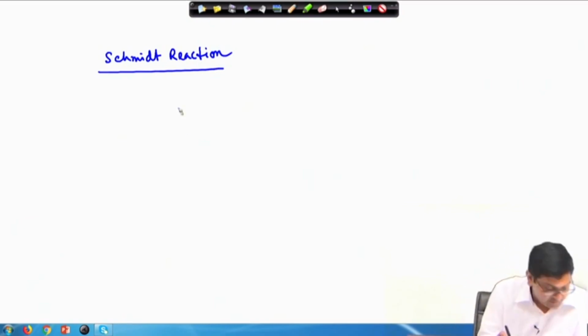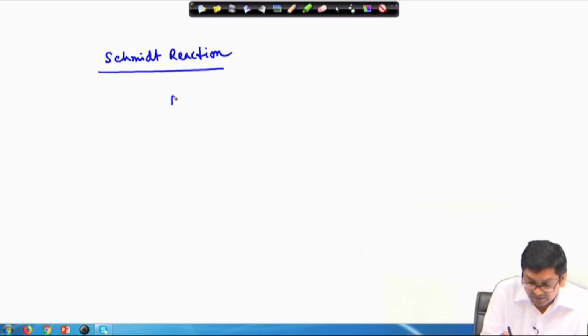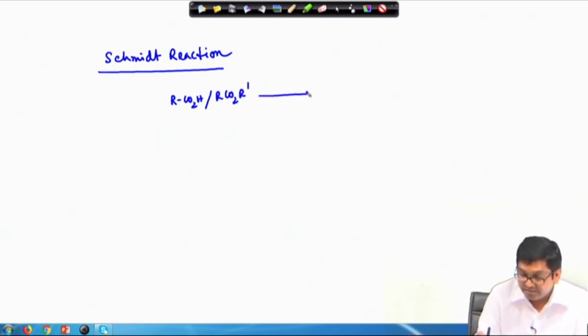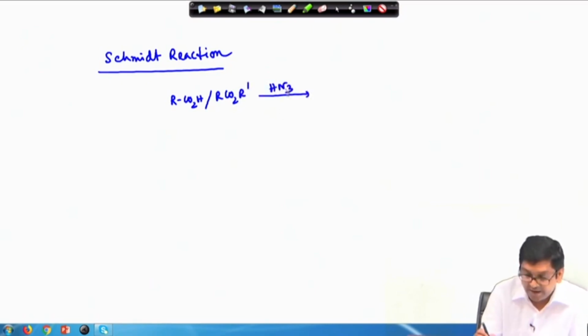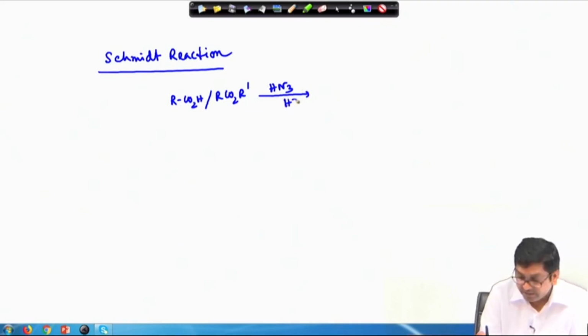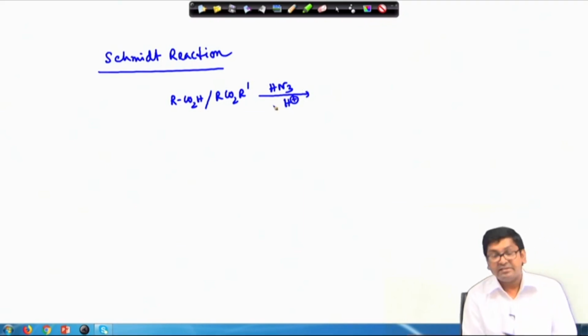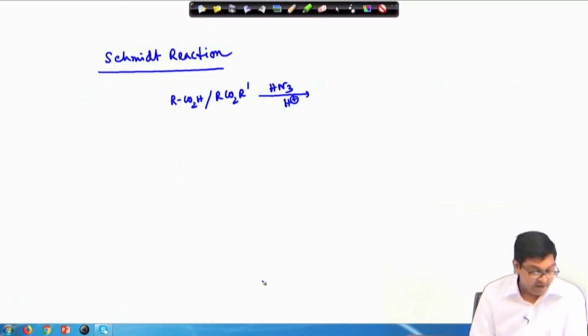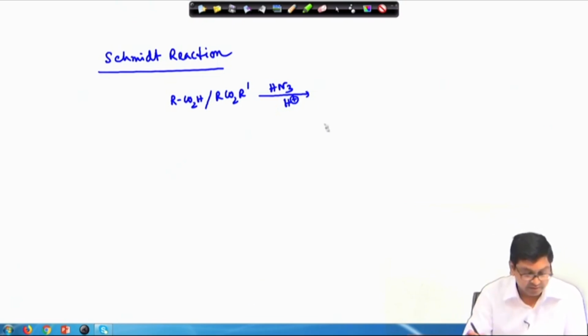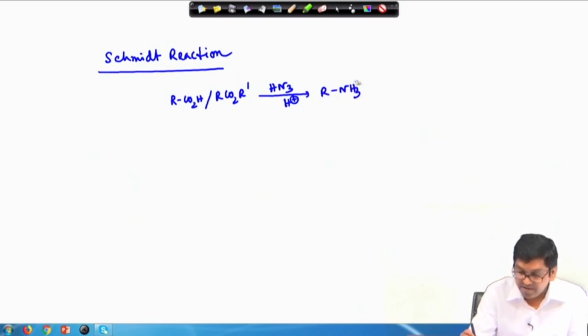So the starting material is either the carboxylic acid or the ester, in presence of hydrazoic acid and a different acid, in many cases dilute sulfuric acid, and in that case it will give the corresponding amine.